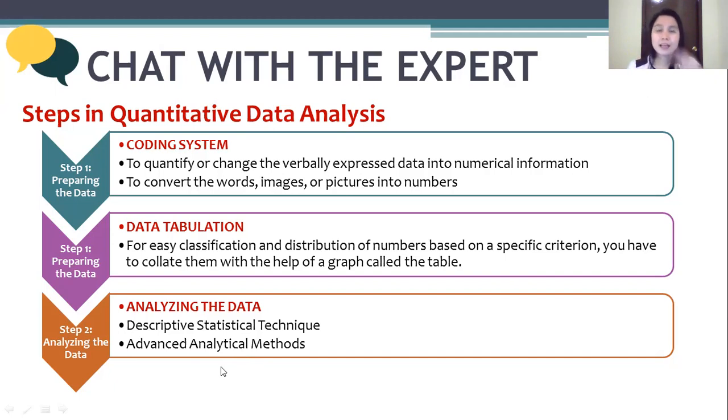Or you ask, is classical music having an effect on reading comprehension level? You're checking already two variables this time. So we use the advanced analytical method. Or you might ask, what is the factor that will predict academic performance? Is it gender, religion, study habits, or the mode of learning? So this one, you can have advanced analytical methods.